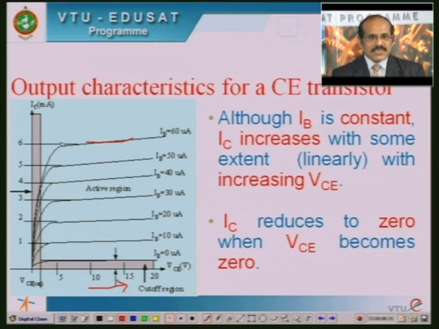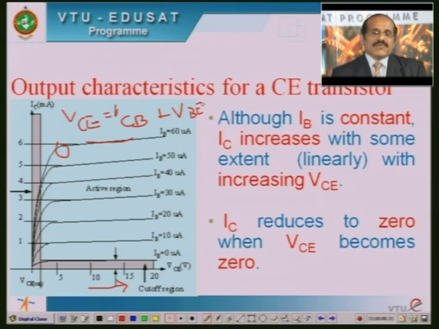Also you can note that at this knee voltage, VCE is nothing but VCB plus VBE.